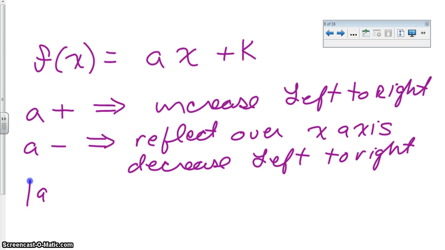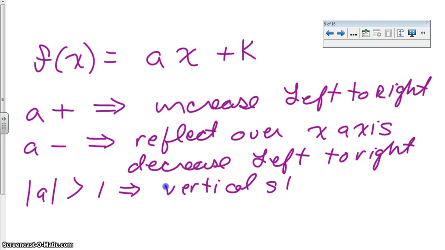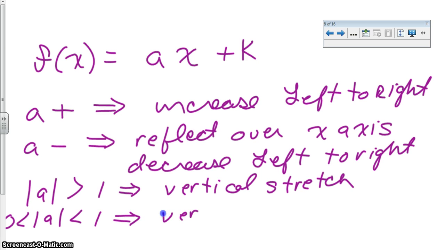If the absolute value of A is greater than 1, it is a vertical stretch. If the absolute value of A is between 0 and 1, it is a vertical shrink. Okay.